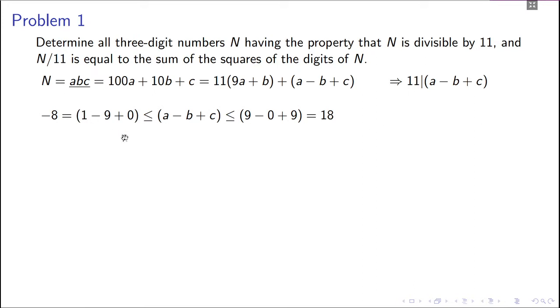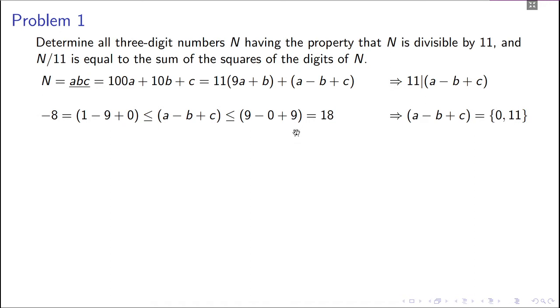This cannot be 0 because then it will become a 2-digit number. So this will be -8. When you want to find the maximum value, take this to be 0, take these two as 9, so this will be 18. So if 11 divides this, then the only values that this expression can take are 0 and 11. So a minus b plus c can be either 0 or 11.